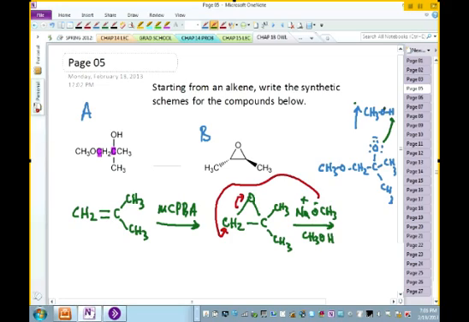Come here to grab this proton here, and so we are going to regenerate the methoxide that we use. So the methoxide here is acting as a catalyst. So therefore, what do you end up getting? And that is compound A.